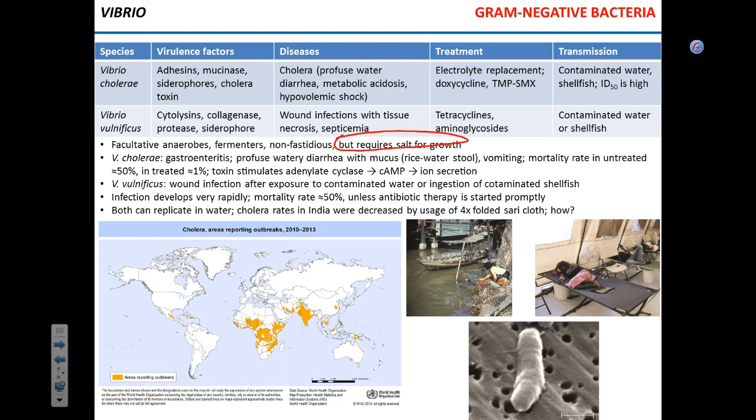Two species that I want to talk about are pathogenic, but there are a lot of absolutely benign, non-pathogenic species of Vibrio. There is one species, I don't remember the name, that is absolutely fantastic. It is a symbiont of some small arthropods in the ocean.